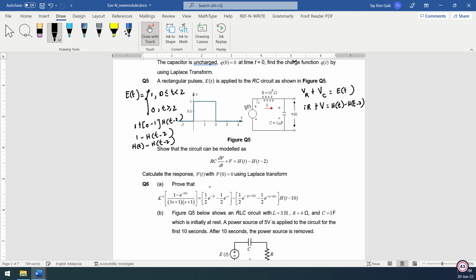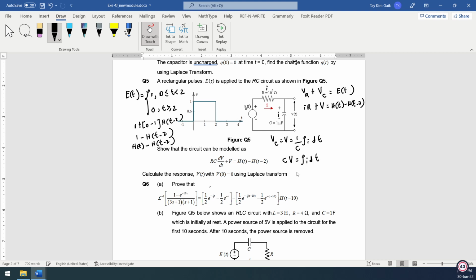The current flowing through the resistor is the same as that through the capacitor. And we know VC, or V, is 1 over C integral of I dt. So we want to solve for I. You have C times V equal to the integral of I dt.